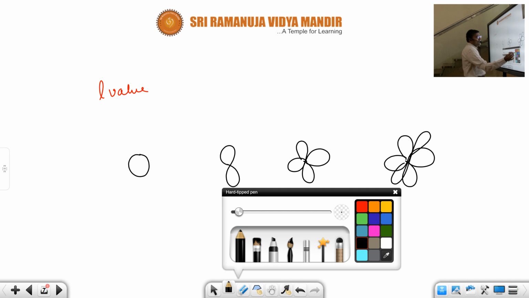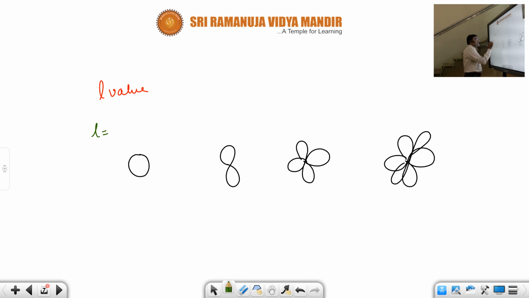The l value for s orbital is 0, p orbital is 1, d is 2, and f orbital is 3.